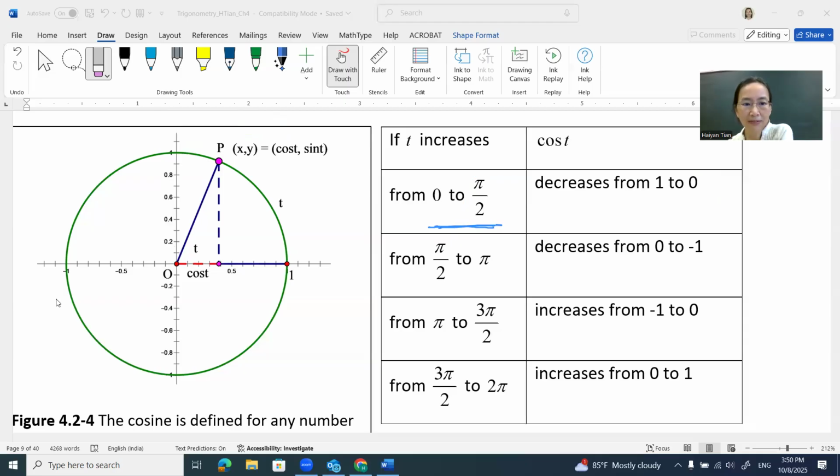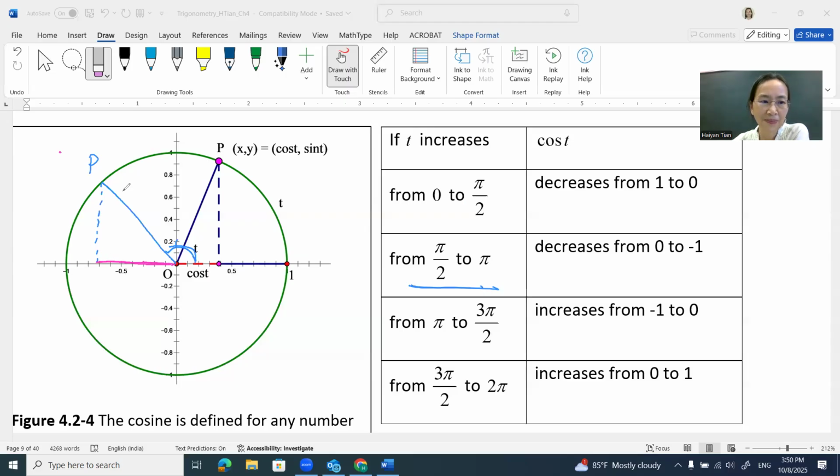Similarly, we can think about t continuing, if it increases from half of pi to pi. Let's look at this value t, and just look at the x coordinate of this point. Let's use pink. That's the x coordinate.